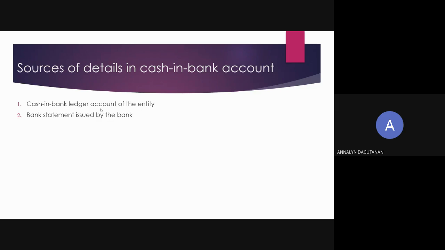Okay? So, that's the first source of details in cash in bank. Second one is bank statement issued by the bank. So yung una, ayun yung record ko. Ayun yung record ng company. Okay company, ito yung pera natin sa bangko as of October 31, 2021.